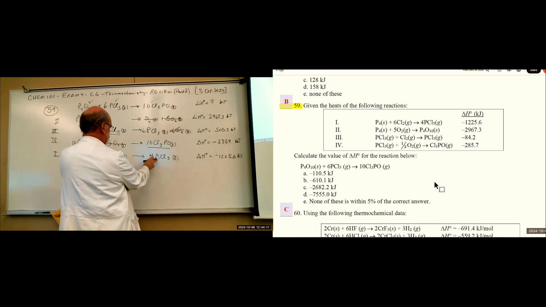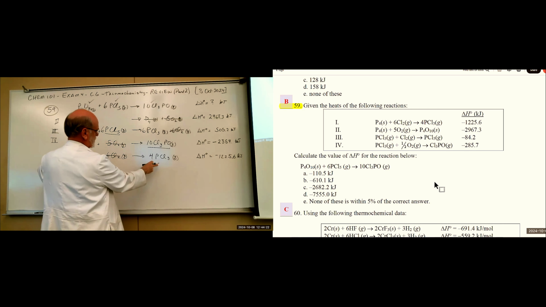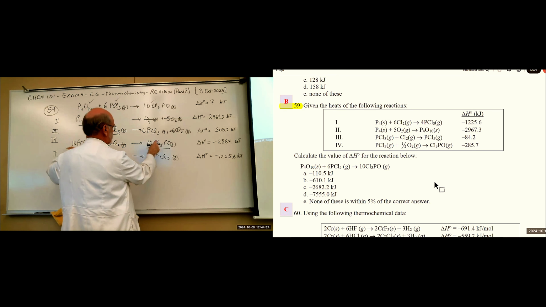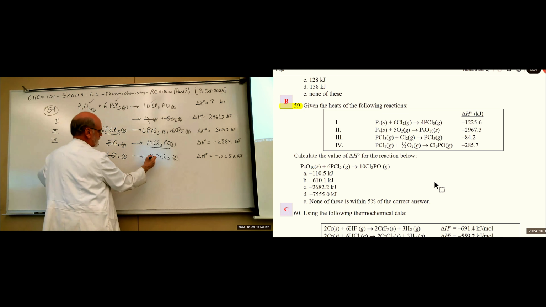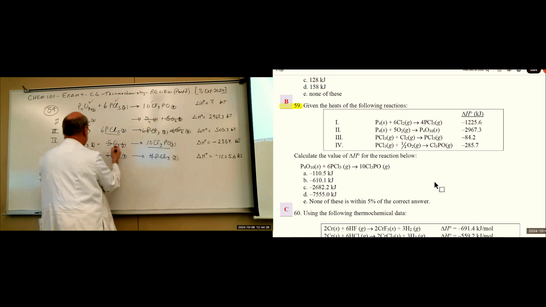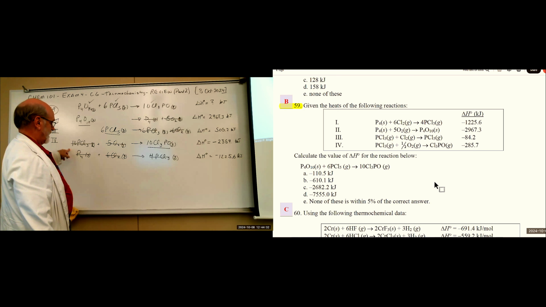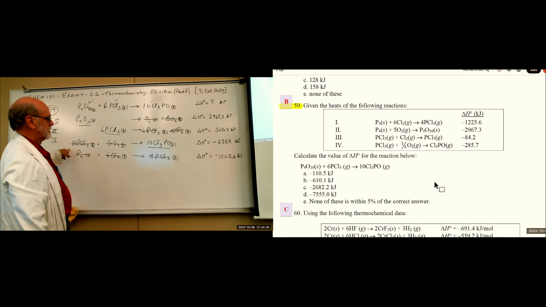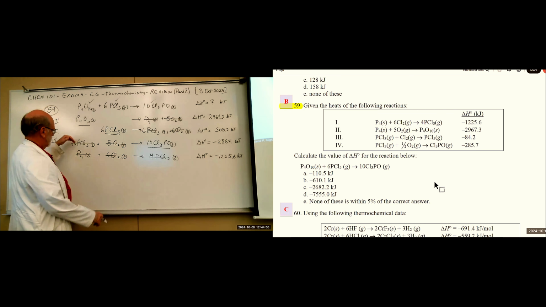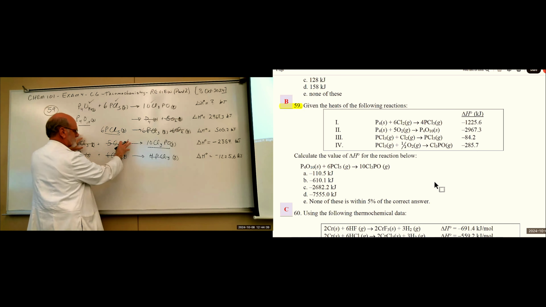Okay, how about four PCl3s? Well, let's see, we've got 4 PCl3s and 6 PCl3s here. So 4 and 6 is 10, cancels those 10. All right, so what do we got left? Those are all gone.